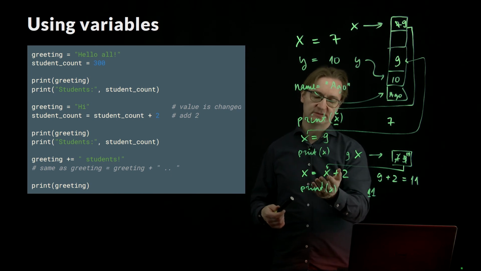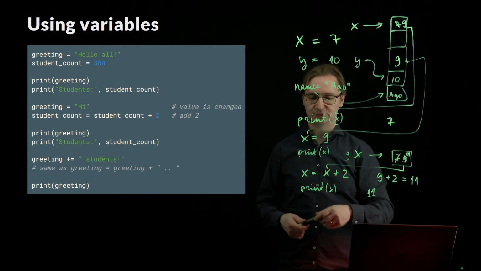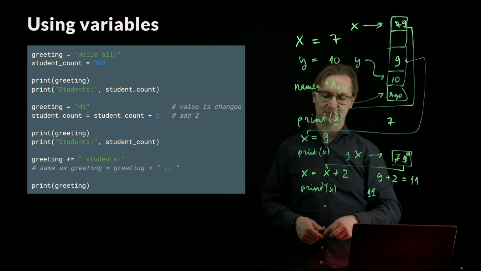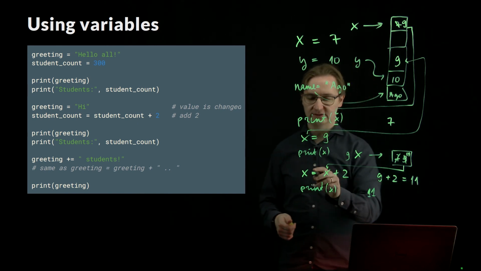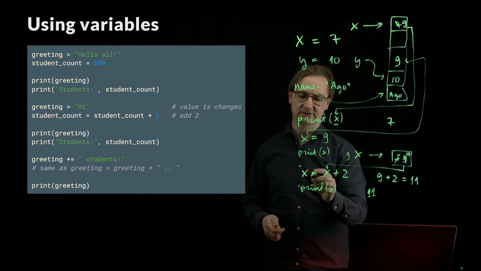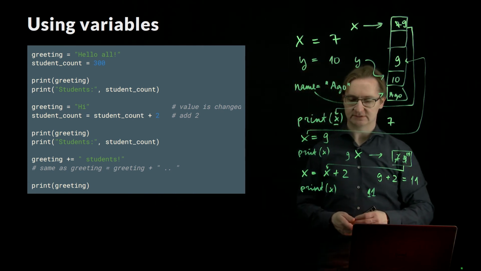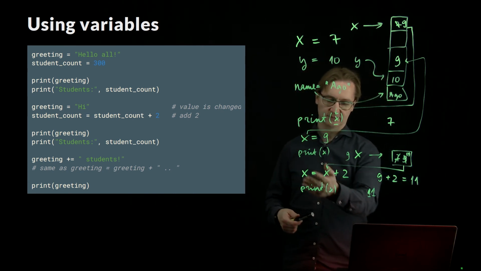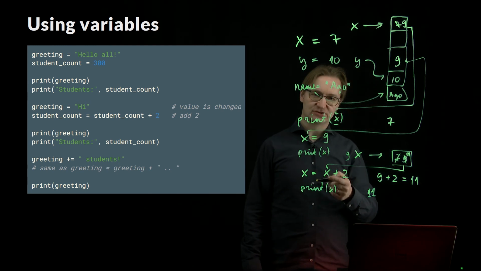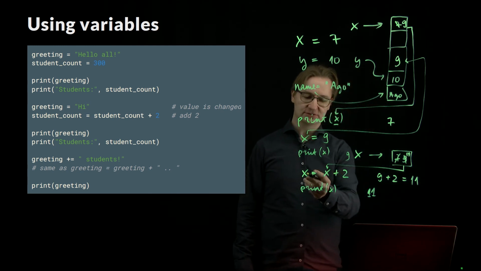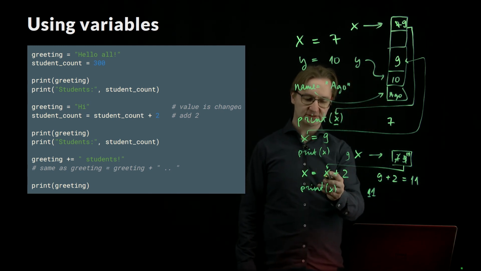Mathematically, it would be nonsense because it's not true to have x equals x plus 2, but in Python this is not an equal sign, this is an assignment sign. So we assign something into the variable. As shown in the code, I can use a shorter version of this expression or assignment.